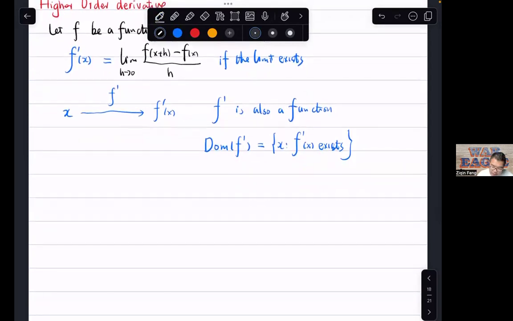Let's see some notations developed by different mathematicians, and sometimes one is convenient, sometimes the other one is convenient.